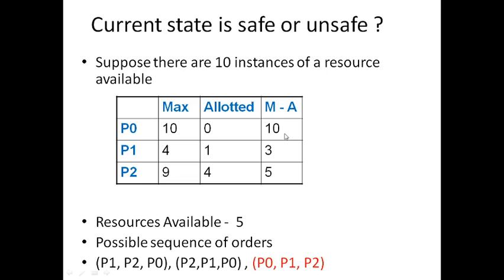So none of them will complete. So this cannot be treated as a safe sequence, but only the first and second are treated as safe sequences. But to determine whether a system is safe or not, only one sequence is sufficient. That is, we can either take this one or this one. This need not be considered at all.